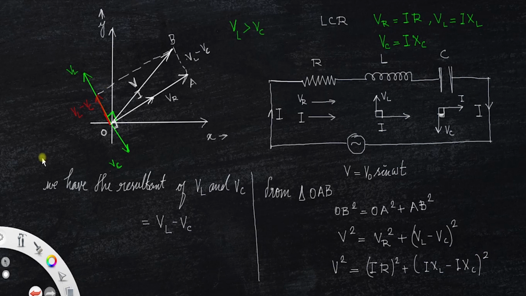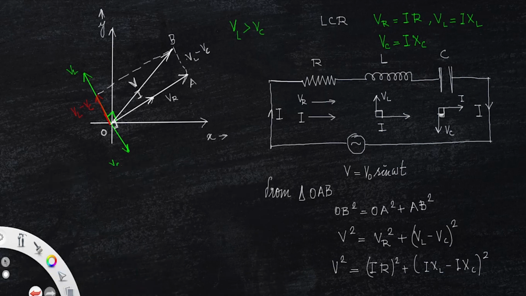Now simplifying this, you will get V square is equal to I square R square plus, we can take this I out, that is I into XL minus XC whole square.